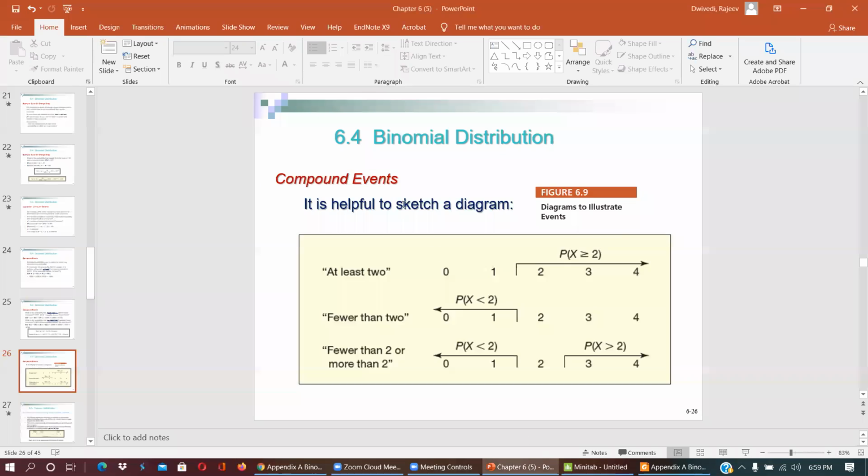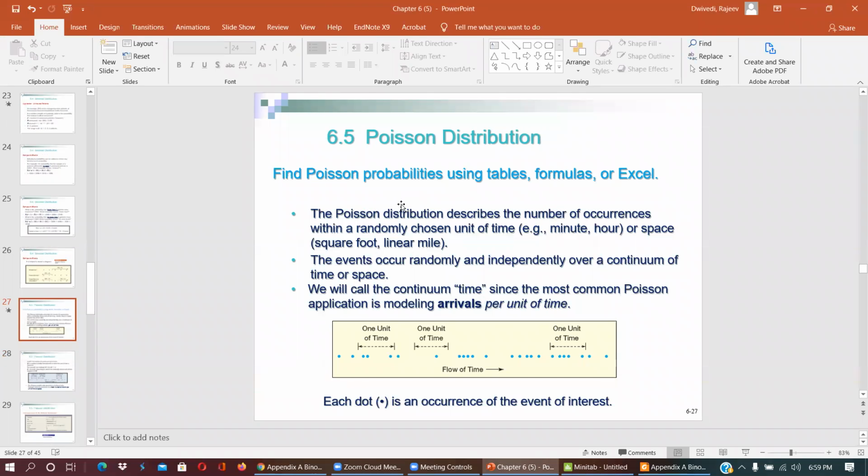The next distribution is the Poisson distribution. Remember this. How do we distinguish it? The Poisson distribution describes the number of occurrences within a randomly chosen unit of time, for example a minute, hour, month, day, week, or any flow of time. Let's say an example at Seattle airport: every hour, 50 flights take off and land on the runway.